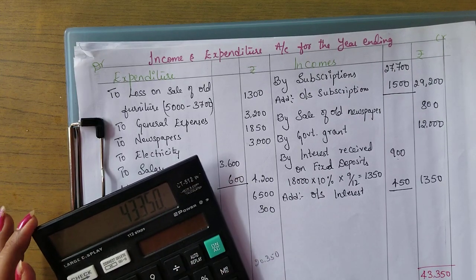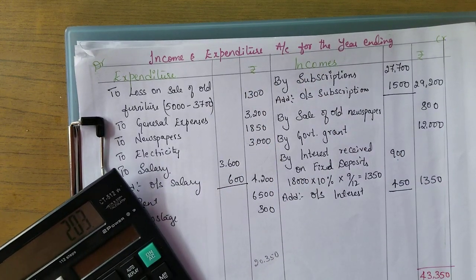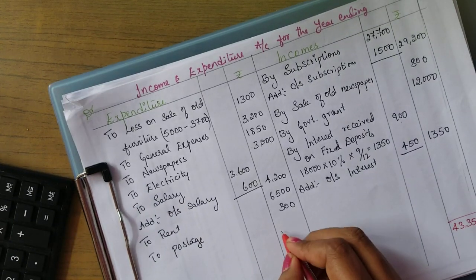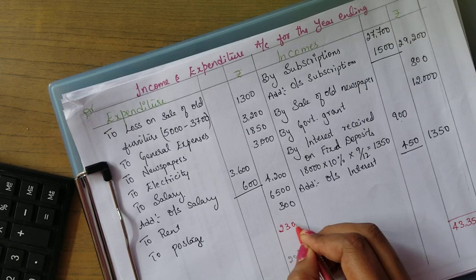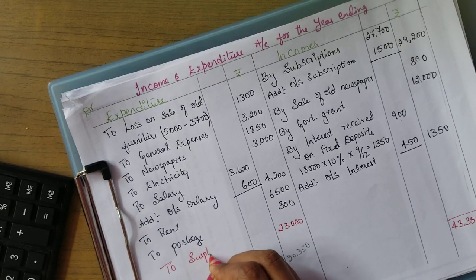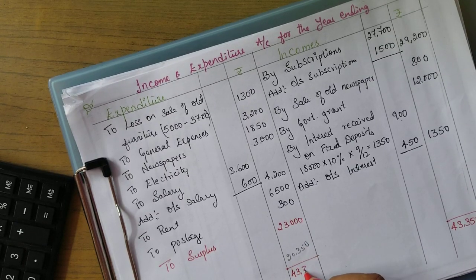With this total income minus the total expenditure, that is 20,350, you will be getting surplus 23,000. This is the surplus, which will be added to the capital fund later.